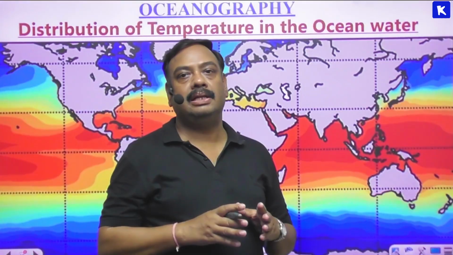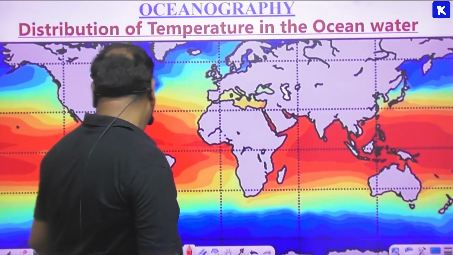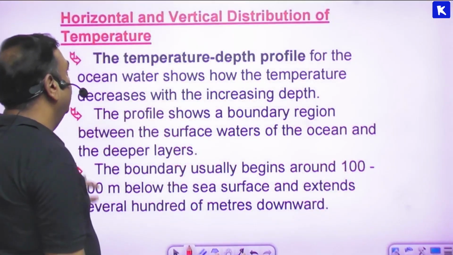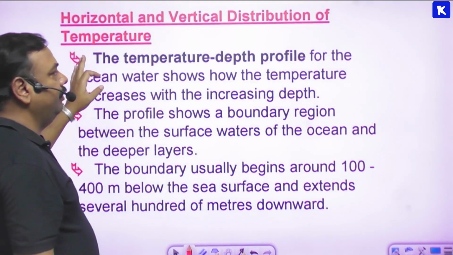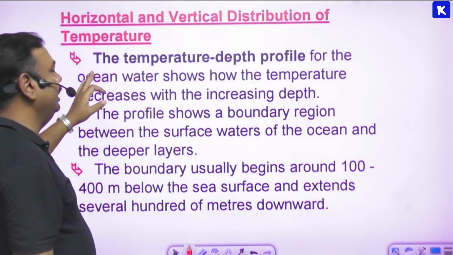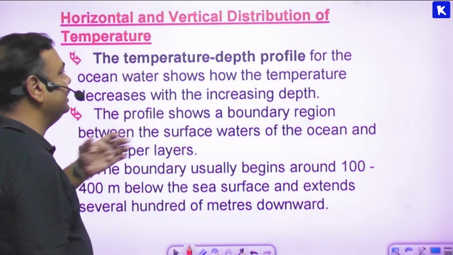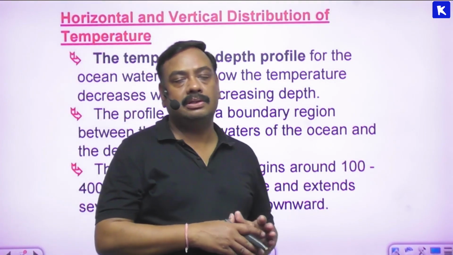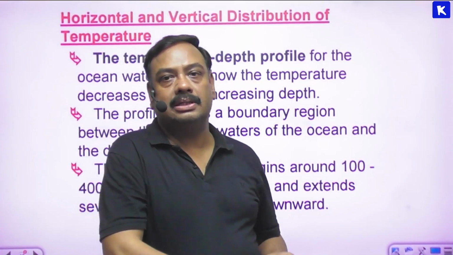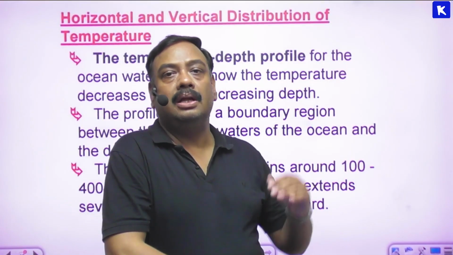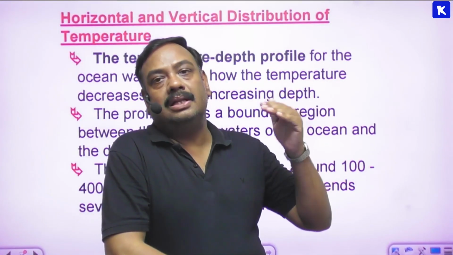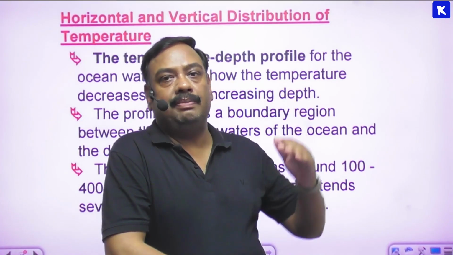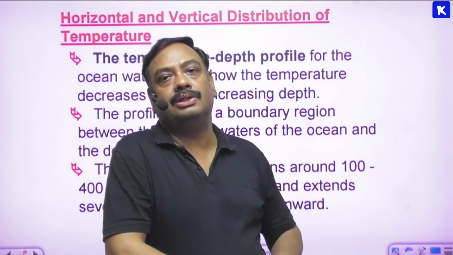First of all, I would like to discuss the vertical distribution. But before that, one thing you can see here on the board is written as temperature depth profile. As I was telling, I am going to discuss the vertical distribution of temperature, that means from the sea surface up to its bottom.